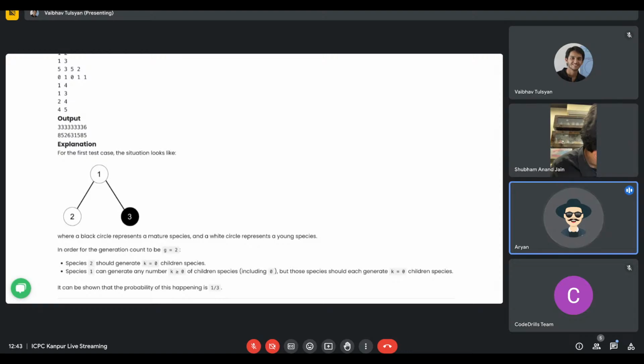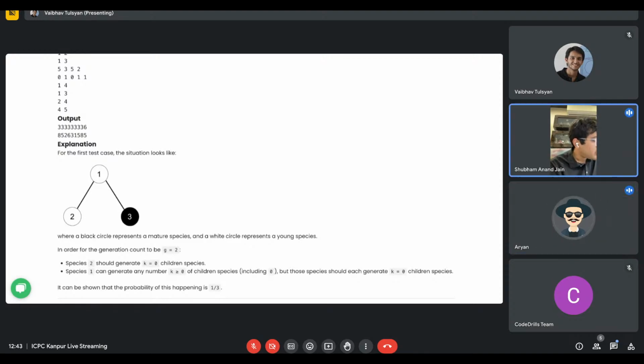The probability that the probability until height I is G. How do you find the probability that height is at max I plus 1? Right. So what I'm trying to do for that is there is 1 minus p times p to the k probability of getting k children.